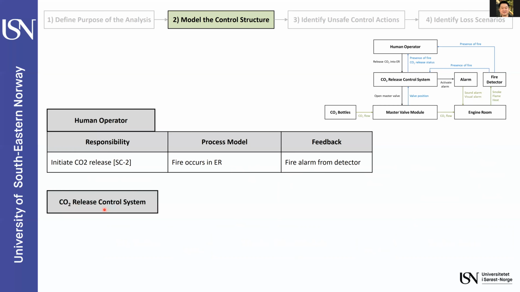For the human operator, the main responsibility is to initiate CO2 release when we have a fire inside the engine room. And the process model, like a condition of this responsibility, is the occurrence of a fire in the engine room. And the feedback that the human operator can use to make a decision is a fire alarm from the fire detectors.